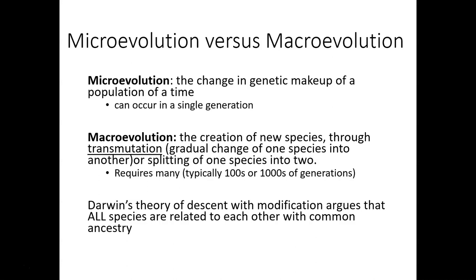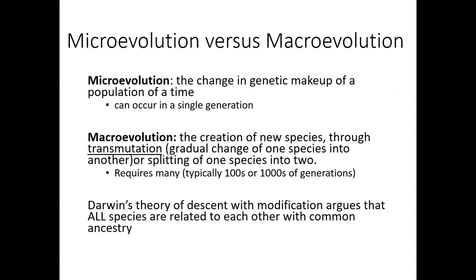That can actually occur over short periods of time or long periods of time, and that's the distinction between microevolution and macroevolution. For microevolution, we are looking at the change in genetic makeup of a population over time, or a change in how the population looks over time, as long as the appearance of the individuals is dependent on heritable components or genes.